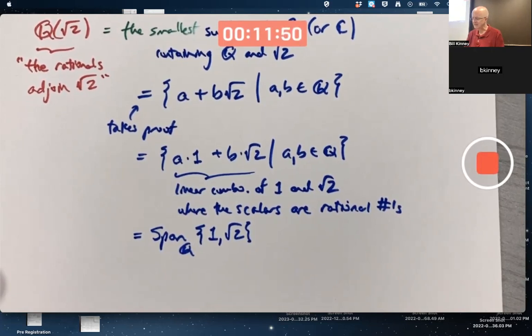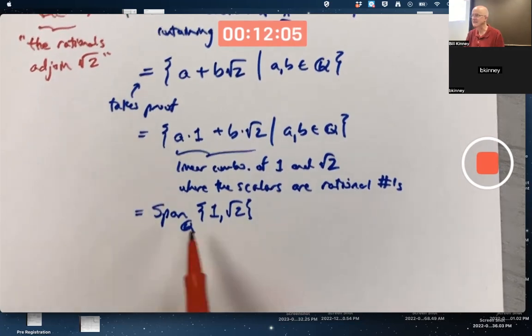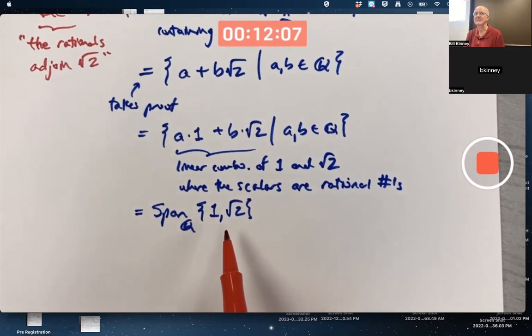And being such a span, and also based on the fact that 1 and square root of 2 are linearly independent as quote-unquote vectors over the rationals, means that this is a basis for this thing as a vector space over the rationals, and that means this is a two-dimensional vector space over the rationals.